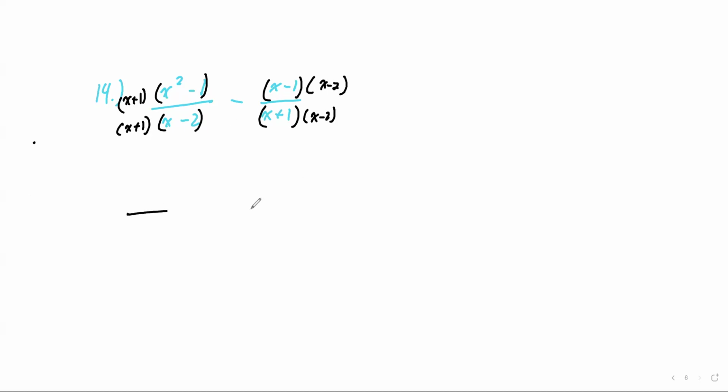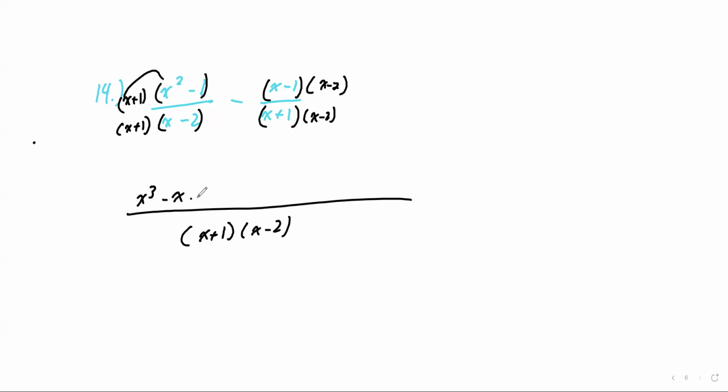All right, so I know the denominator will stay as x plus 1 times x minus 2, and then I'll work this. So x times x squared is x cubed minus x plus x squared minus 1.